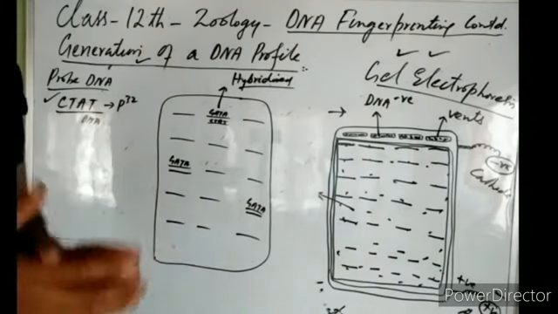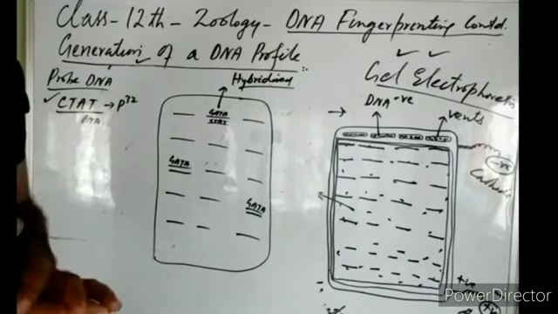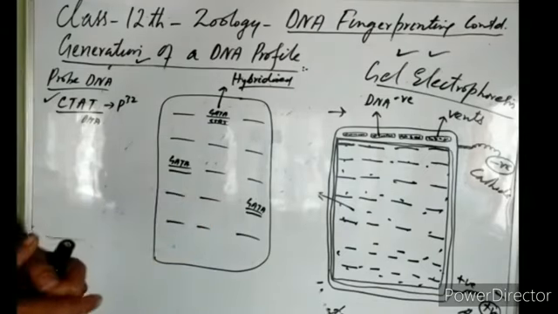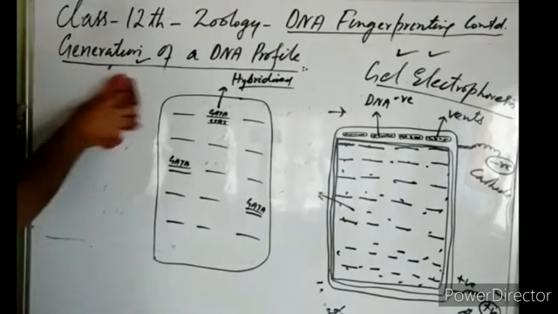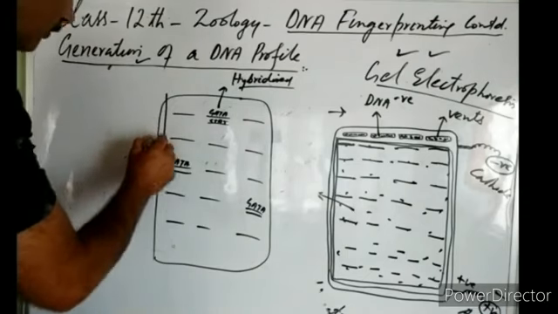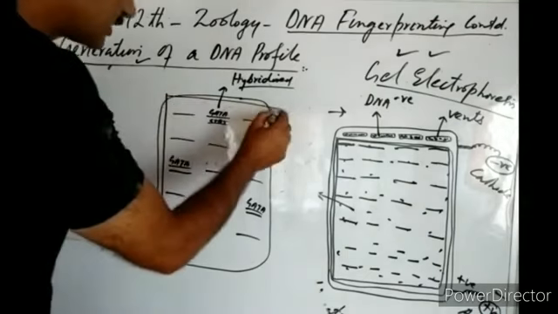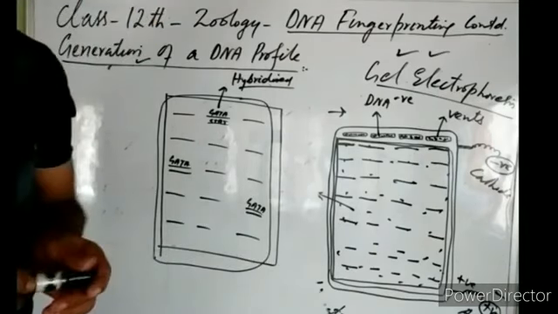Again, this cannot be seen by the eyes. This cannot be seen through any microscope, right? So again, they have to use a technique. For locating where the GATA sequence was present, they expose this nitrocellulose paper to an X-ray film. They take an X-ray film and put it on this nitrocellulose paper.